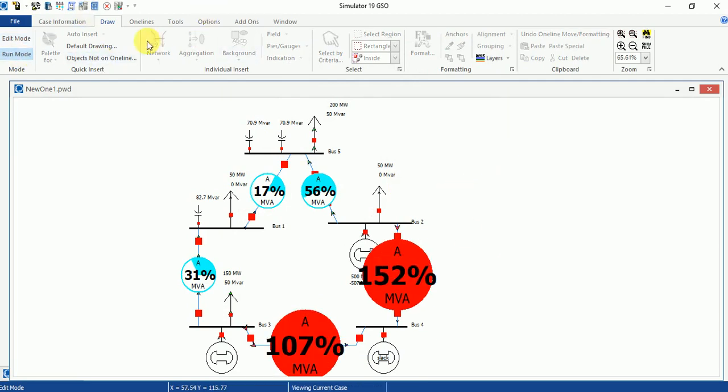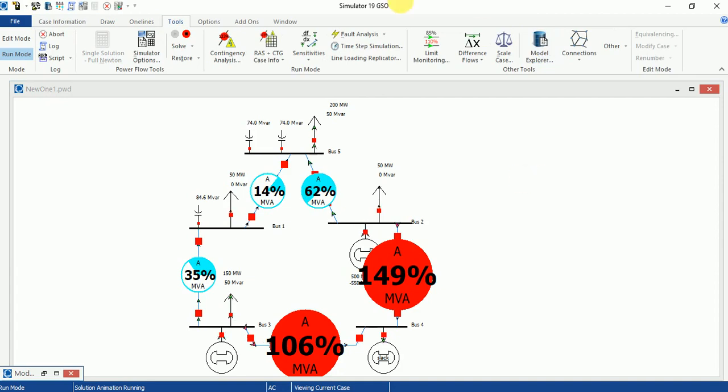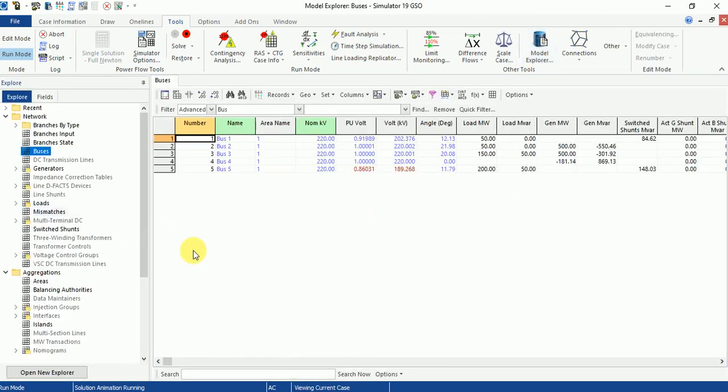Let's again run the simulation to observe the values. Let's go to Model Explorer. So again the value has been improved from 0.84 to 0.86.